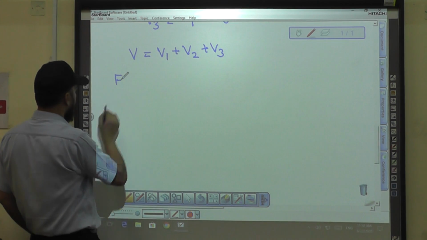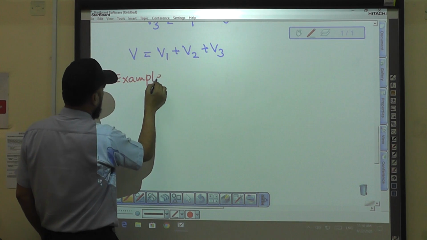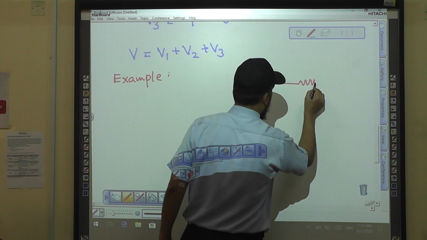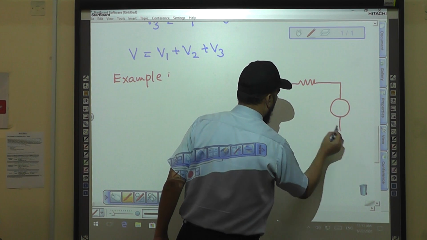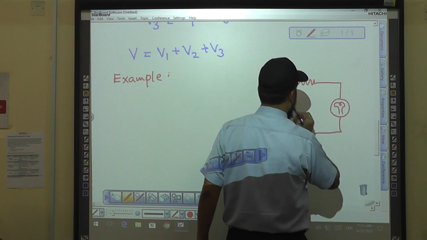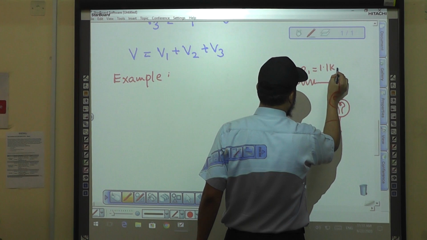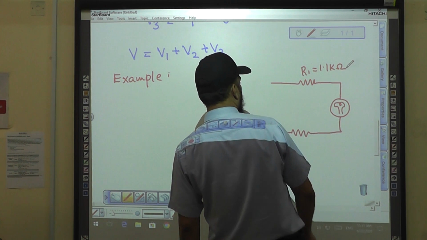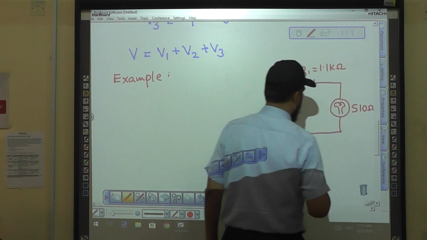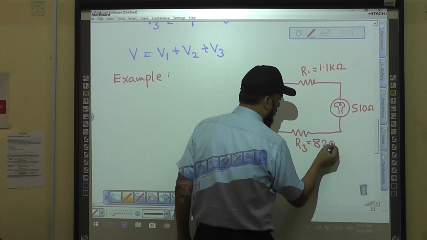For example, we have the lamp, we have R1, say this is 1.1 kilo ohm, R2 is 510 ohm, and the resistance of R3 is 820 ohm.